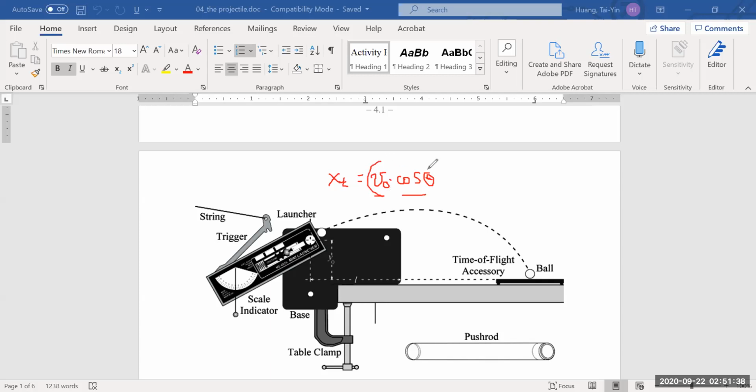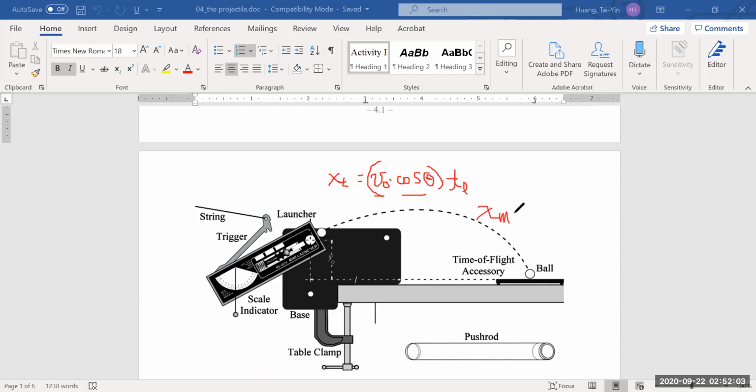This whole thing is multiplied by t sub L, the total flight time. This gives you the theoretical value of the horizontal displacement, which you're going to compare to the experimental value of the horizontal displacement, which I wrote earlier, which is xm.